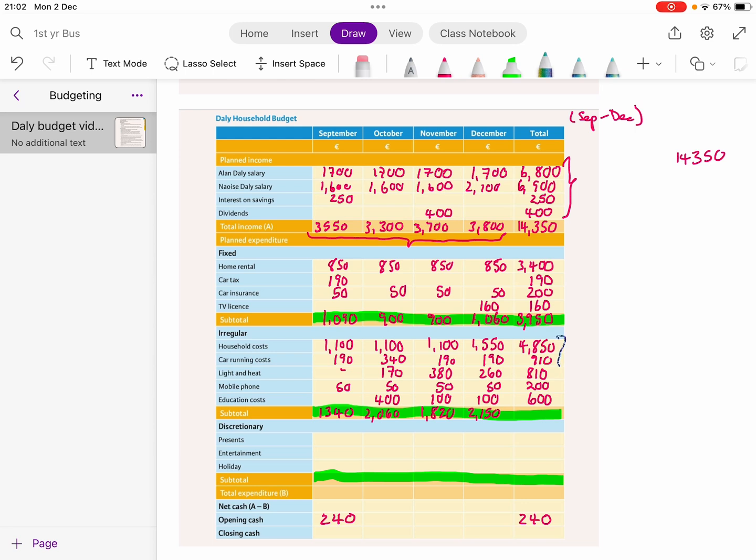I'm going to add together these figures: my 4,850 plus my 910 plus my 810 plus my 200 plus my 600. So I've come out here with 7,370 and I want to double check that that's all correct. So I'm going to add the 1,340, the 2,060, the 1,820 and the 2,150 and I get the same figure, okay? So that gives me comfort, girls, that I've included everything and that I think everything I've done is correct so far.